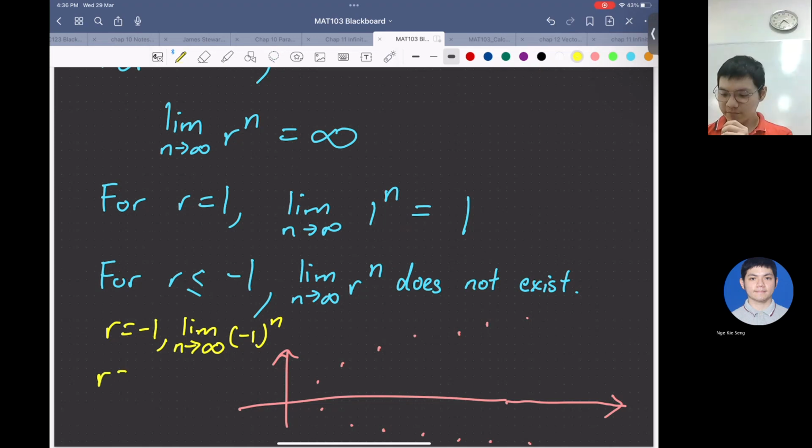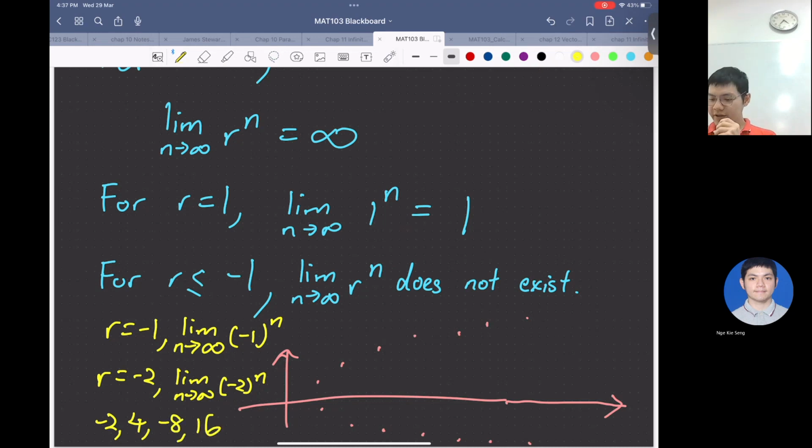So how about -2? What happens with -2? You will get -2, 4, -8, 16. Sorry, I think this picture is a bit misleading. Okay, maybe we put it like this.